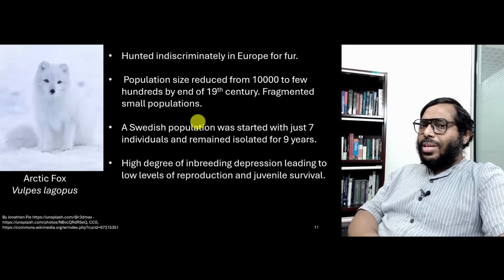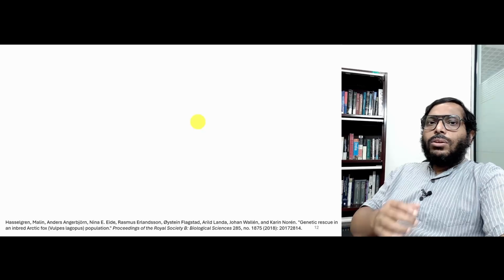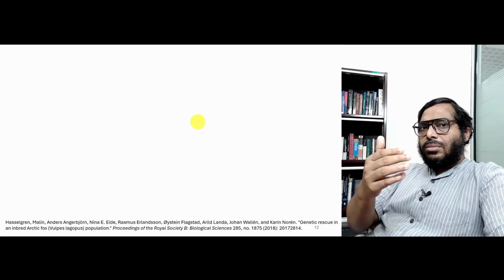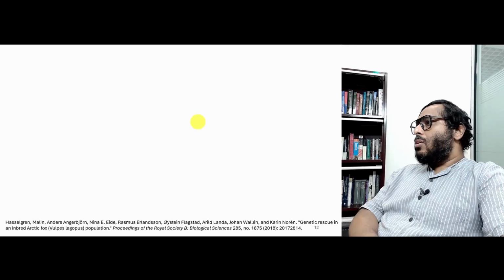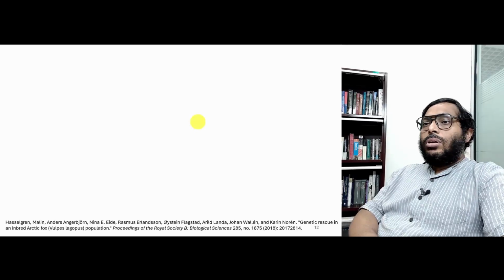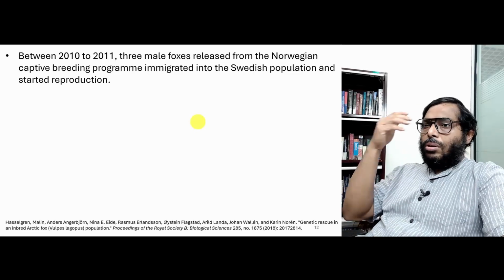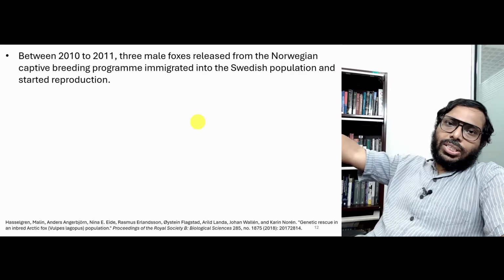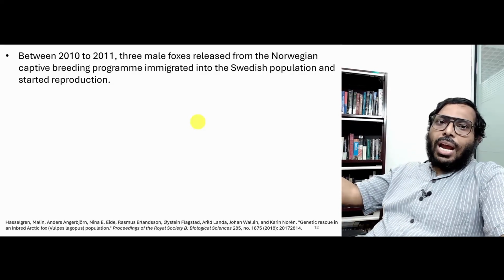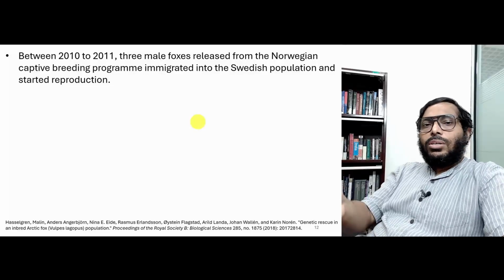However, something happened. What happened? Remember that this particular Arctic fox is very commercially important, right? So, people were thinking about captive breeding programs, which basically means that they were breeding foxes in artificial enclosures, and they were introducing these into the wild.